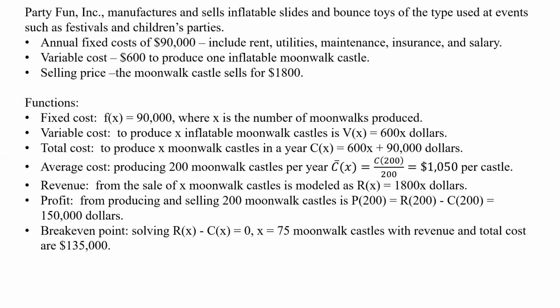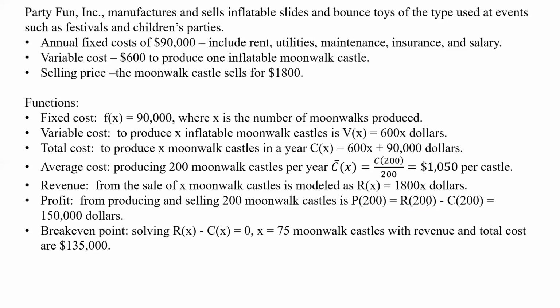Now, our revenue from the sale of x moonwalk castles is modeled by $1,800 times x because we're going to sell them for $1,800. So our revenue is going to be 1,800 times however many we sell. Now, our profit. Let's say we want to go back and say we want to sell 200 of those. Our profit, P of 200, is just going to be our revenue minus our cost.